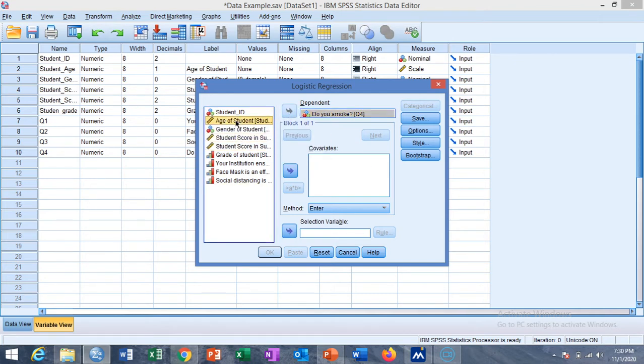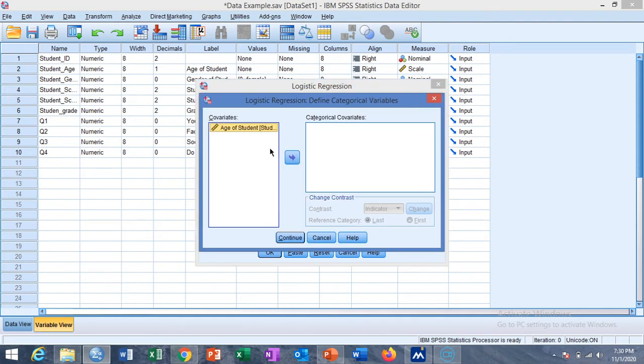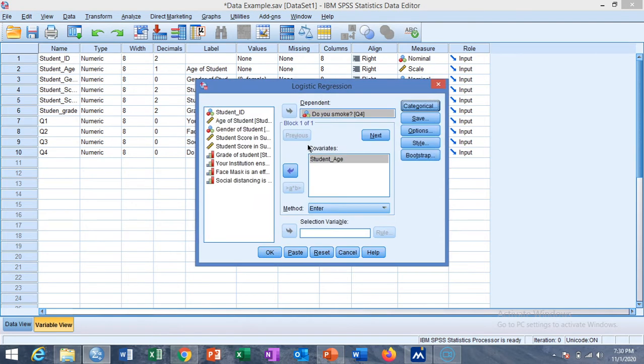and student score or age of student as the covariate. And we also take a categorical covariate, the gender of student.